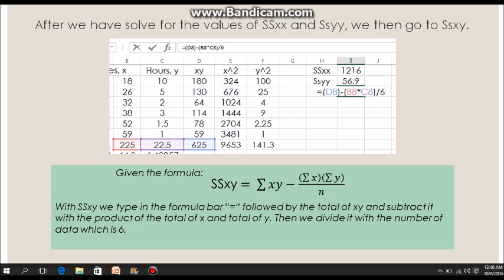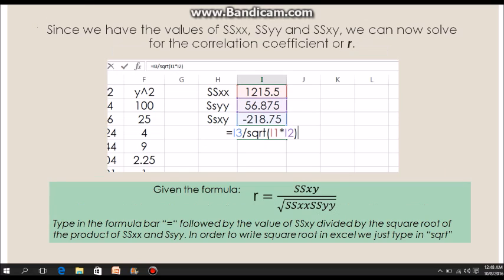With SSXY, we type in the formula bar equals, followed by the total of xy, and subtract the product of the total of x and the total of y. Then we divide it by the number of data, which is 6.